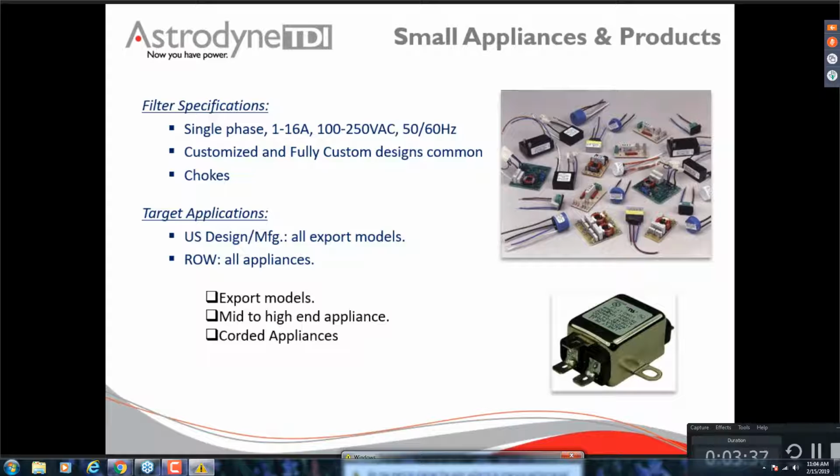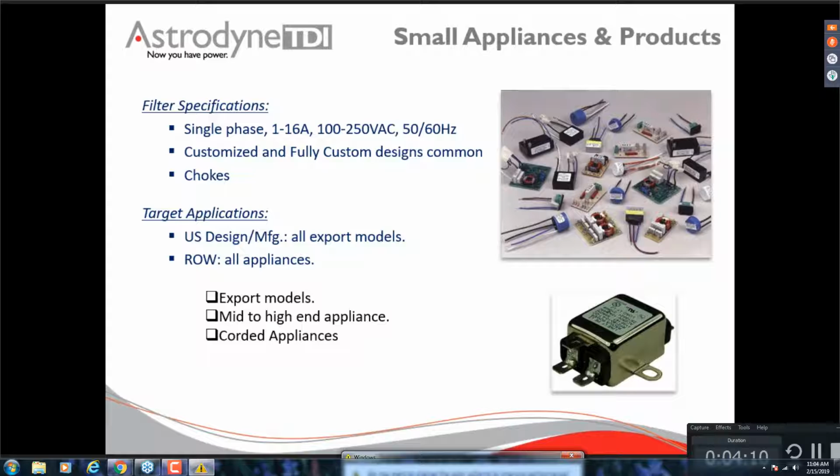To elaborate a little more on that category, once again, export models require EMI filters. One of the key things I want to mention is that we want to target mid to high-end appliance companies or OEMs. That's because the higher volume appliances that they make are not very suitable for our particular needs, and we're much more successful in mid to high-end appliances because they have filter requirements and typically will require a full box size filter.